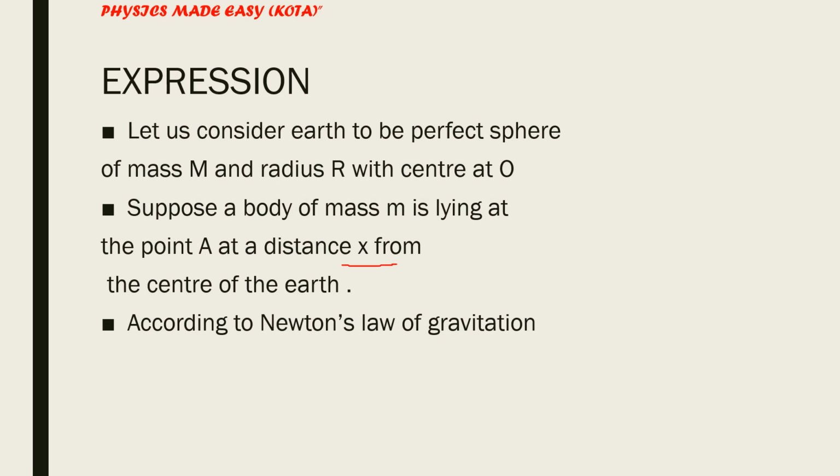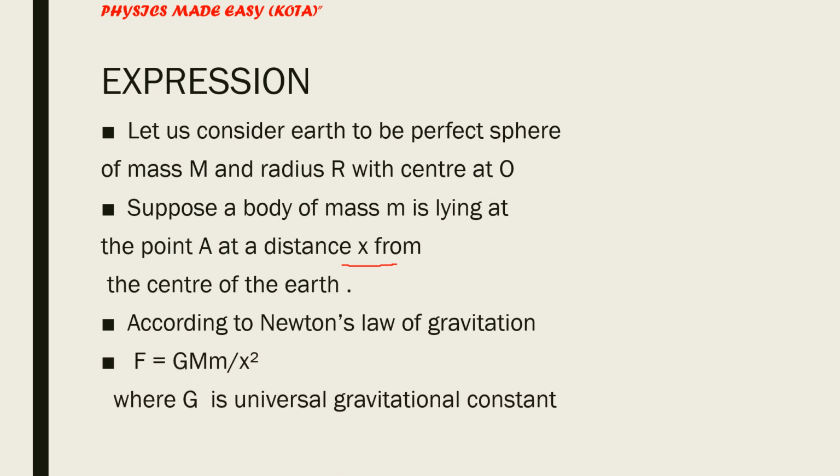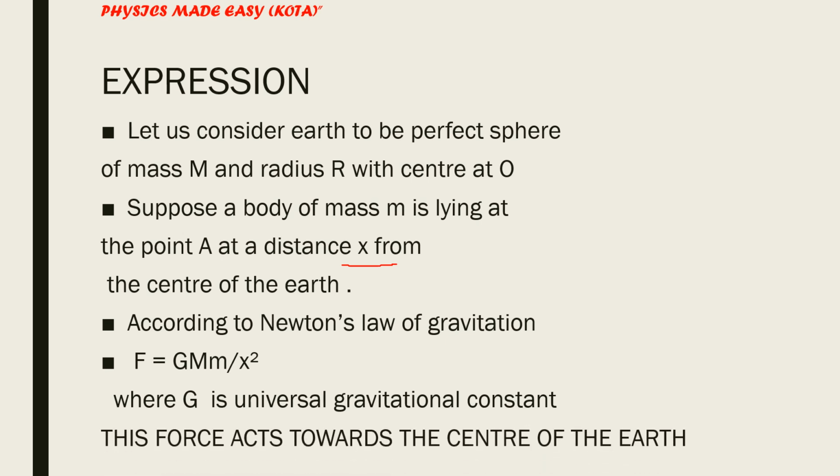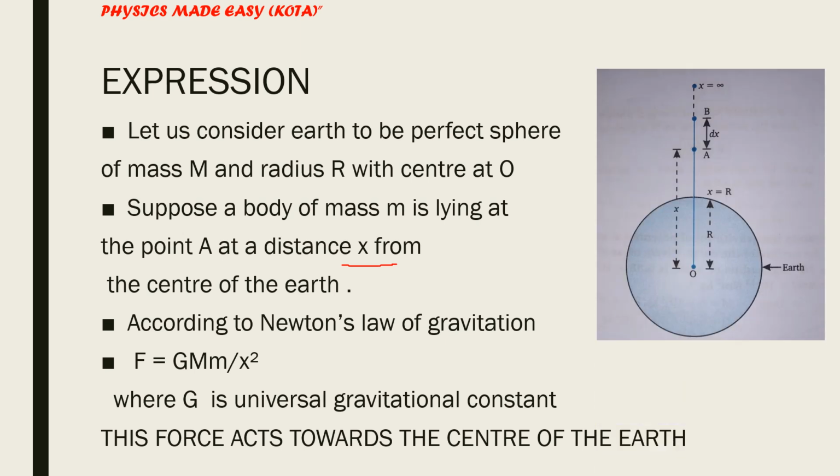So according to Newton's law of gravitation, the force of attraction between the earth and the body having mass m is F = G M m / x². Here capital G is the universal gravitational constant and this force acts towards the center of the earth.